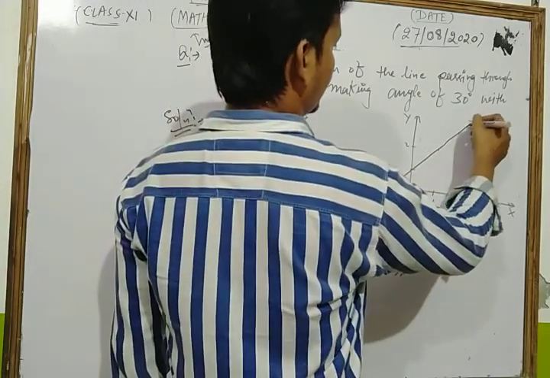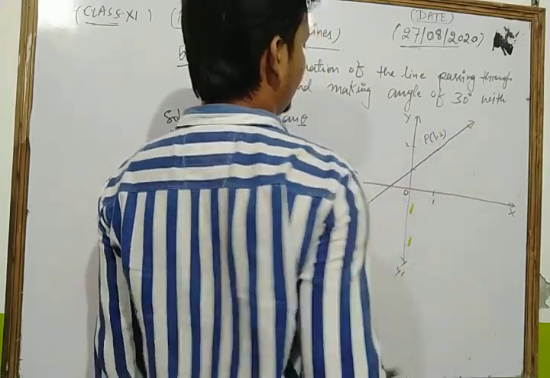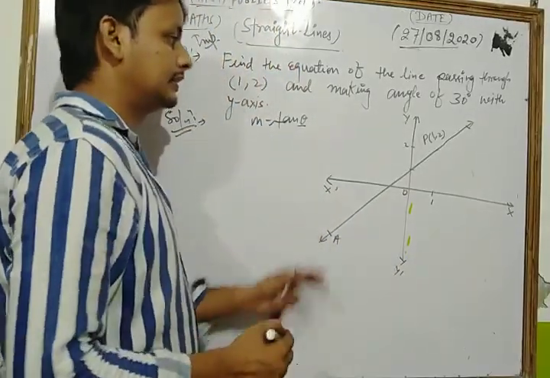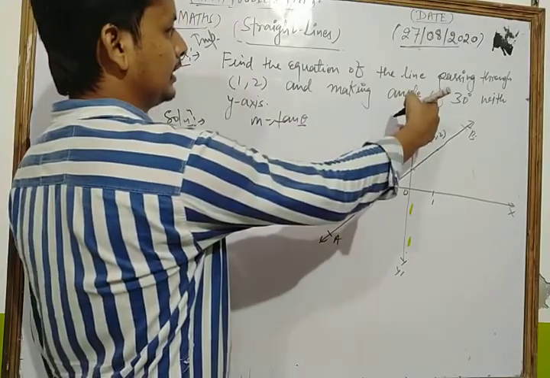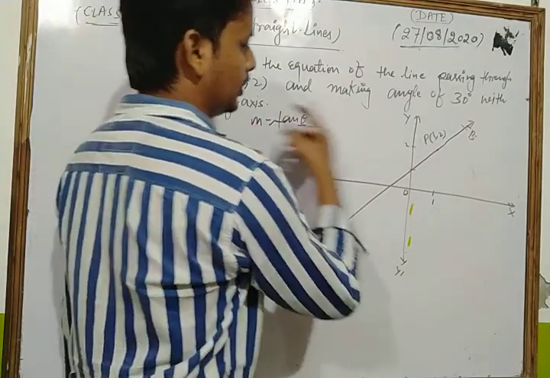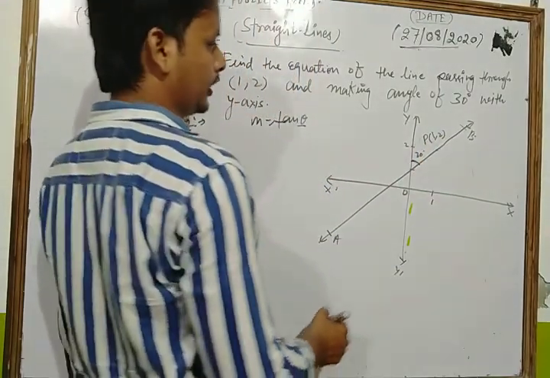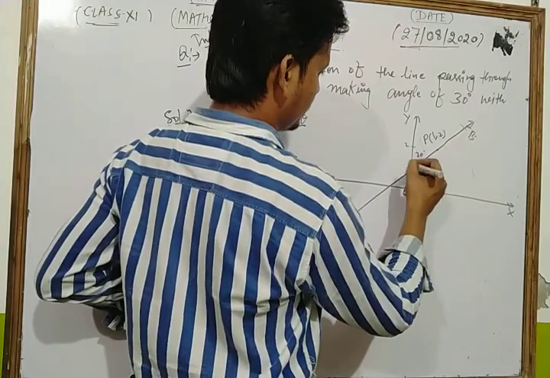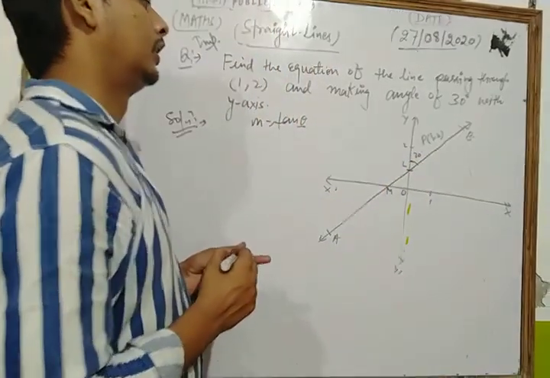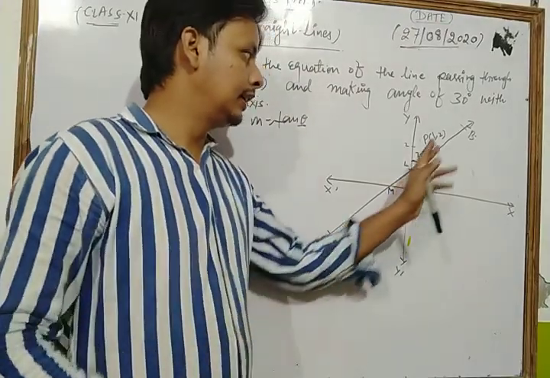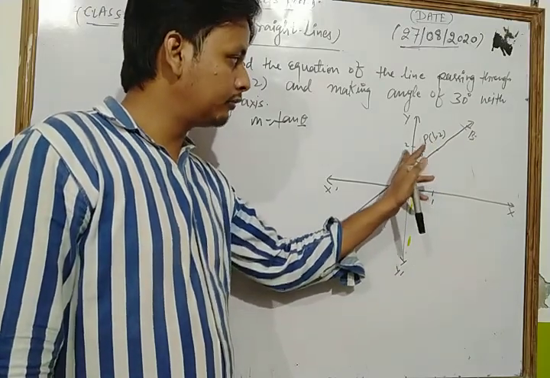Suppose that line is AB, passing through that point, and it makes an angle of 30 degrees with the y axis. Now we take some points L and M. Here the line AB makes an angle of 30 degrees with the y axis.